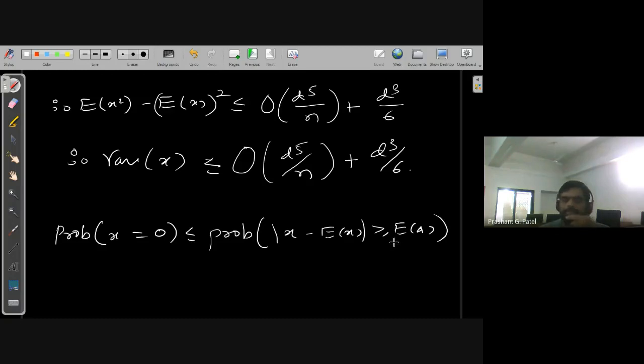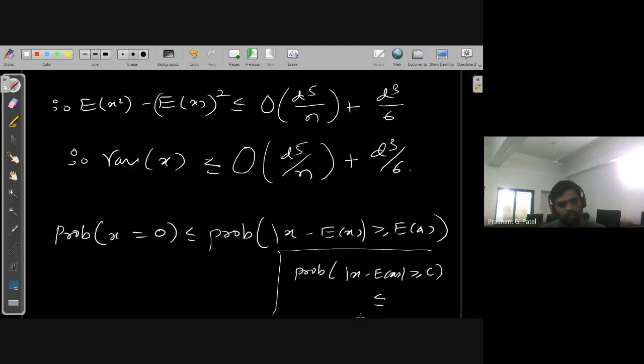And we use the Chebyshev inequality here. So let us recall what is the Chebyshev inequality, which we did in our high dimensional data. The Chebyshev inequality tells you that the probability of mod of x minus E of x greater than or equal to c is less than or equal to variance of x upon c square.